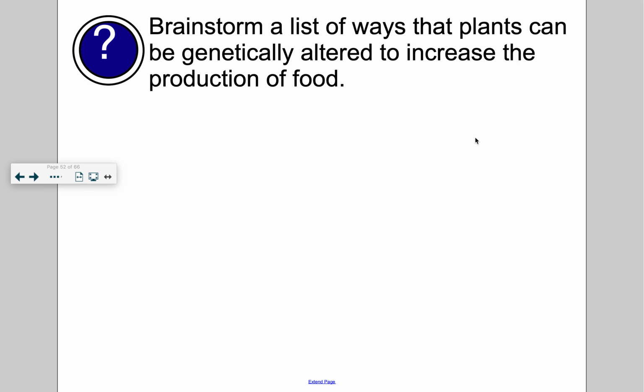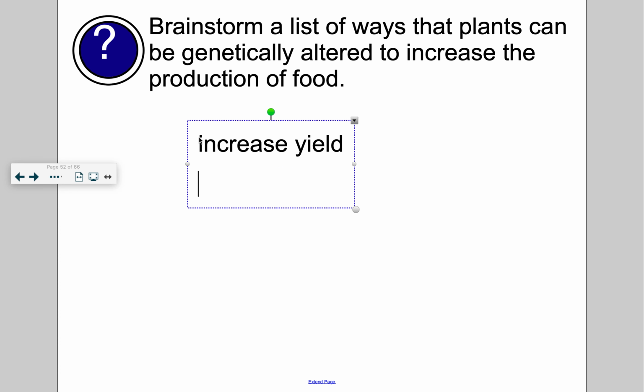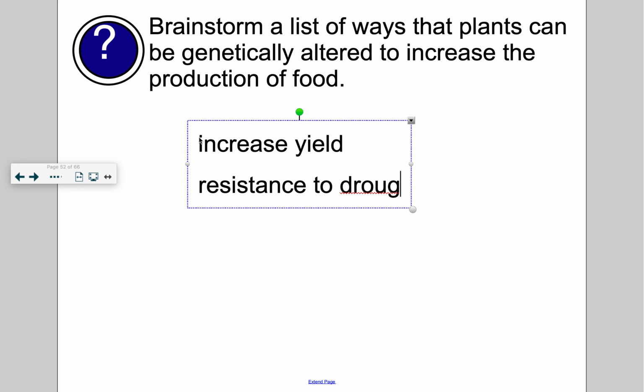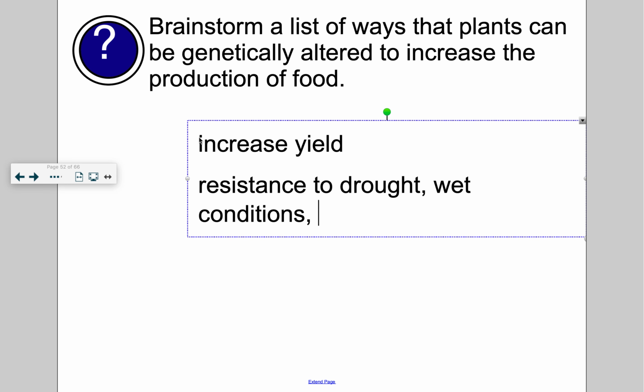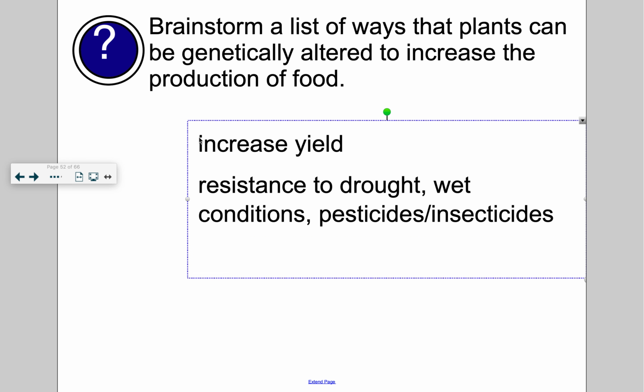So let's brainstorm a list of ways plants can be genetically altered to increase the production of food. I kind of said we can increase yield, right? Resistance to drought, wet conditions, pesticides/insecticides, weed resistance.